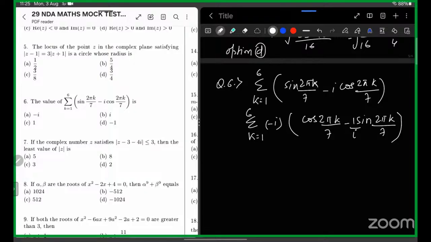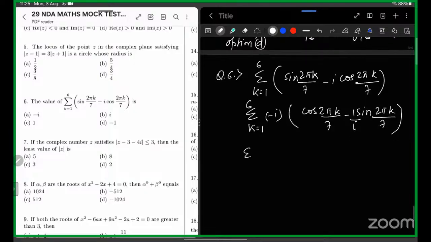Denominator will become iota square. So change the sign in the numerator. It will be like this: 6 minus iota, it can be written as cos 2 pi k upon 7, minus minus, it will become plus, and then you can write it with iota sine 2 pi k upon 7.